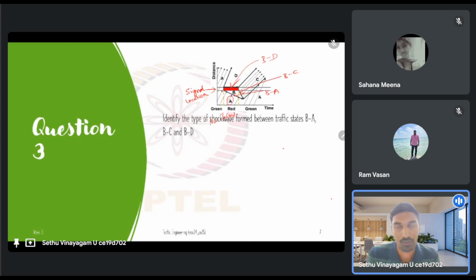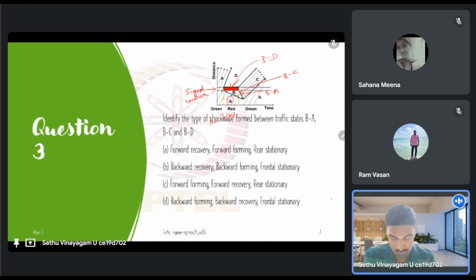We have multiple shock waves, but we are only looking at these three. We want to say what the type of each of these shock waves is. We have these options: forward recovery, forward forming, rear stationary, backward recovery, backward forming, frontal stationary, and different combinations of these. You have to correctly identify which is the correct combination given here.